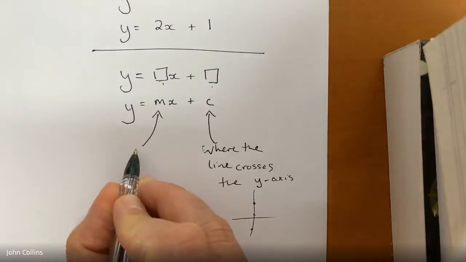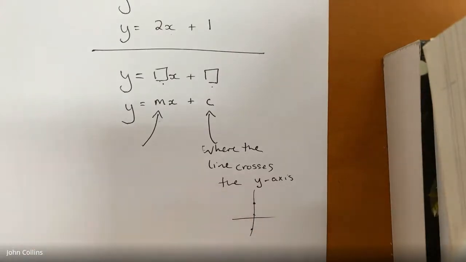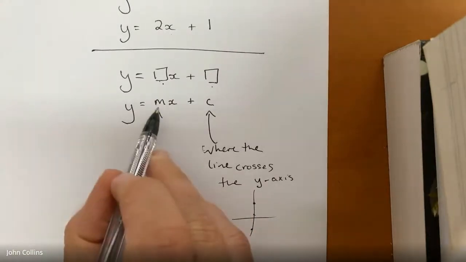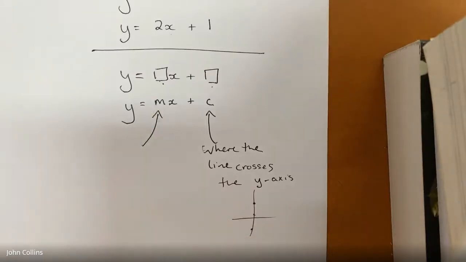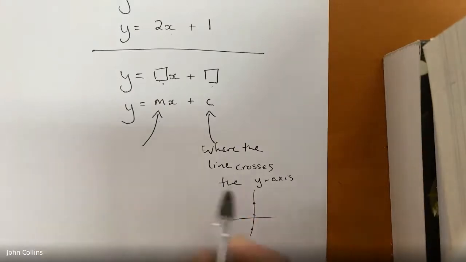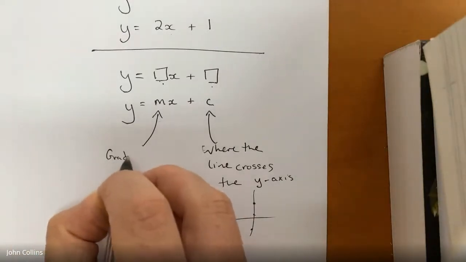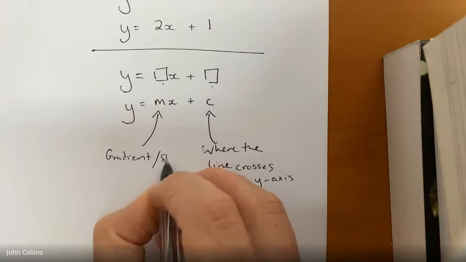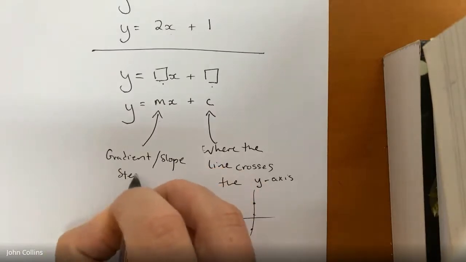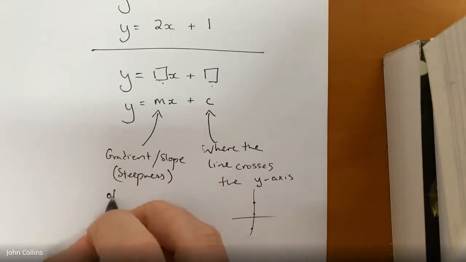And the m, or the number in front of x, so we looked at 2 and 3, and then we had the slider going from minus 100 to 100. The larger m was, the more steep it was. When it was 0, it was flat. So there's no steepness to it. But when it was 1 and 2, it started to increase. Remember the boxes. That thing is called the gradient. Sometimes called the slope or the steepness of the line.